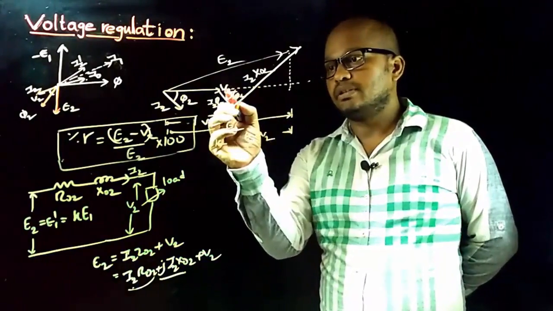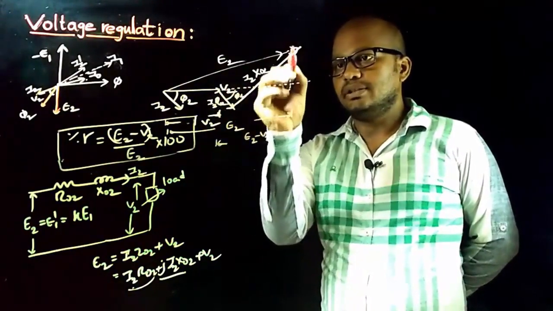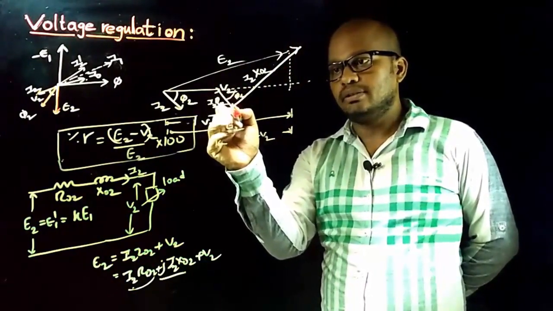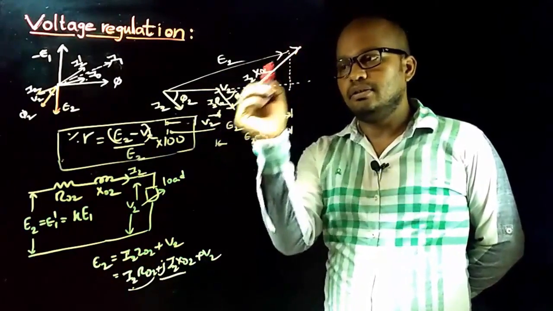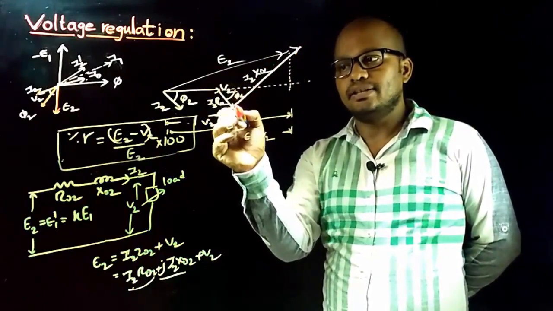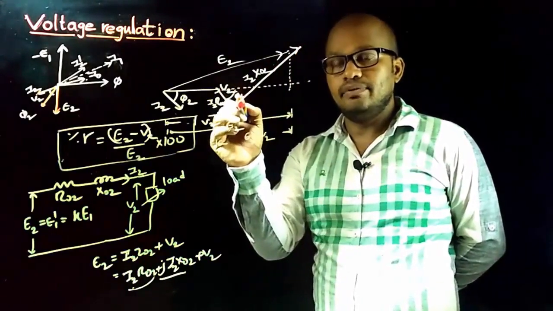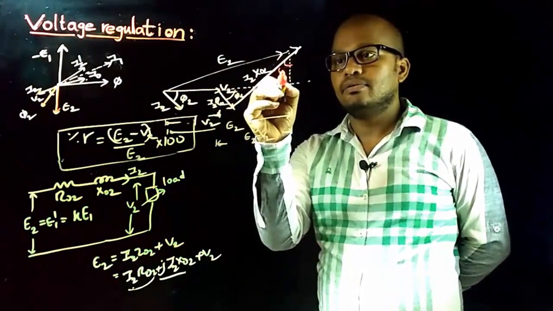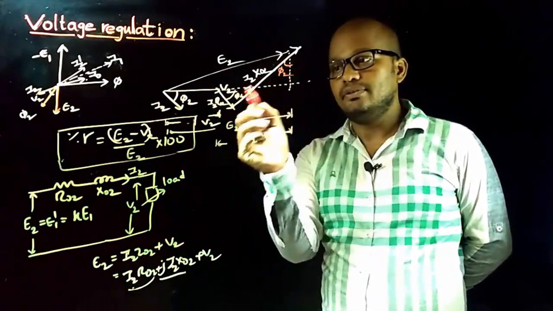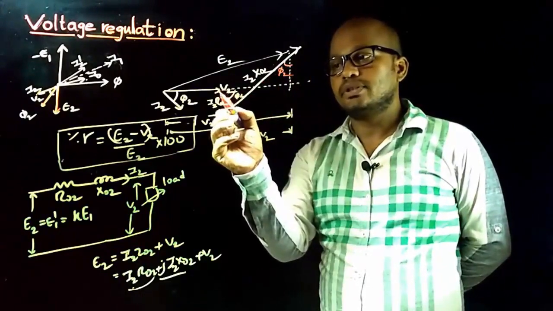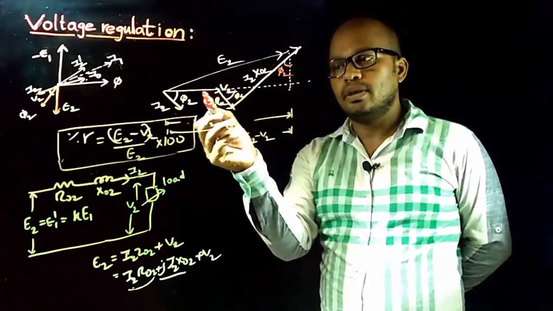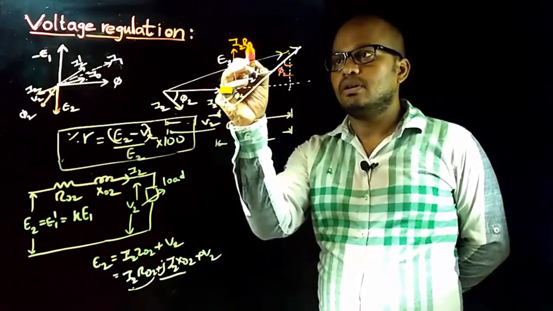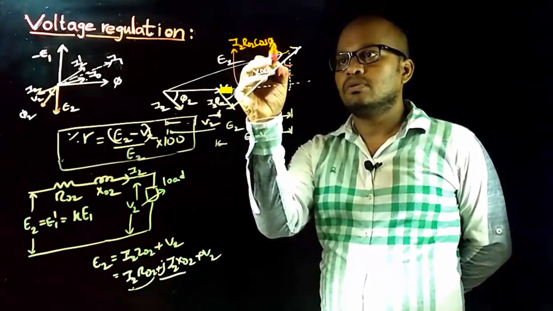Now observe that to this horizontal line this is the perpendicular line, and to this line this is the perpendicular line. So if the angle between this line and this line is phi 2, then the angle between the perpendicular lines drawn from these lines is the same, that is phi 2. Now if you project the I2 R02 drop along the horizontal axis, that will represent I2 R02 cos phi 2.